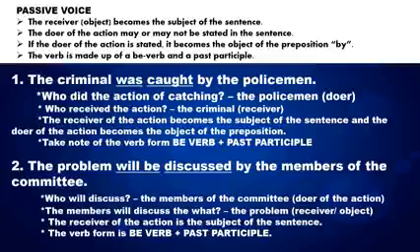The problem. So the problem is the receiver or the object of the sentence. So ano ang i-discuss nila? So the receiver of the action is the subject of the sentence. The verb form again is be verb plus past participle. Will be is your be verb. Discussed is your past participle.